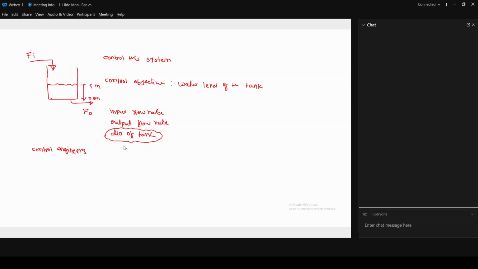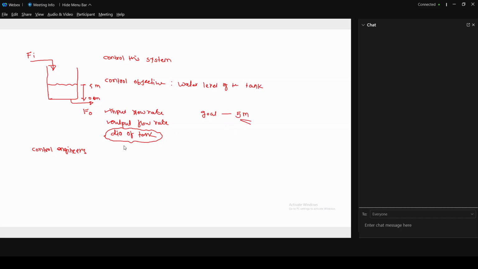I have the tank which is fixed now. It is in front of my eyes, and the first goal for me is to maintain the level at 5 meter. I can change the input flow rate so that height goes to 5 meter, or I can change the outlet flow rate so that the height goes to 5 meter.